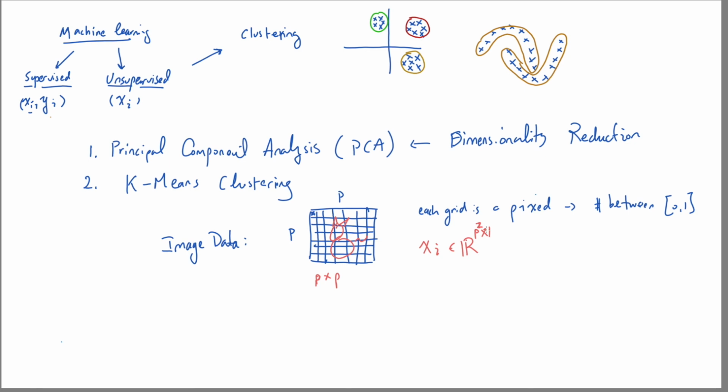For high quality images, p squared can be massive. Even when we're talking about MNIST, which we'll actually deal with in this tutorial, which is a really simple data set, you're still talking about a massive number of features, say greater than 500.